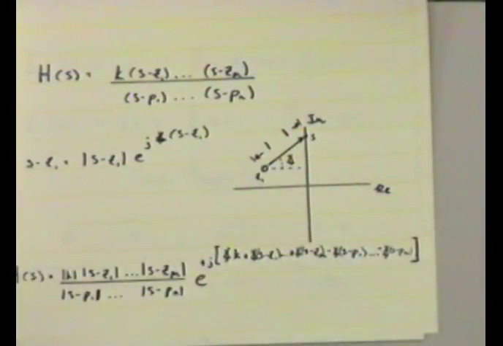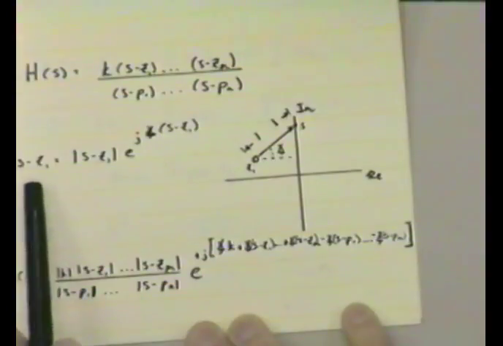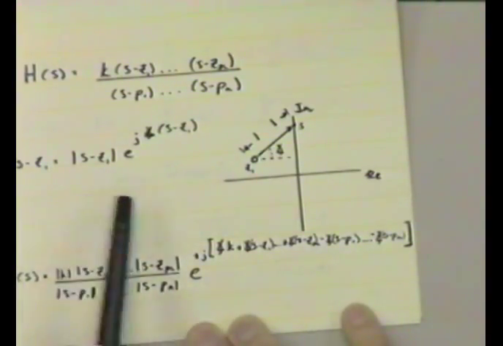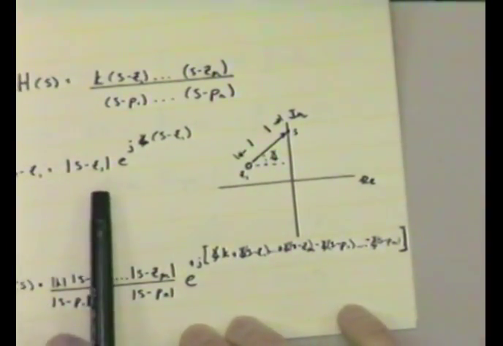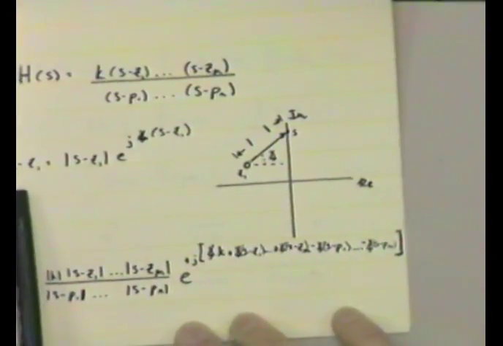To get to that, all we have to do is rewrite s minus z1 using this representation. This should be very common to everybody here. This is the argument, and this is the modulus of this complex number.